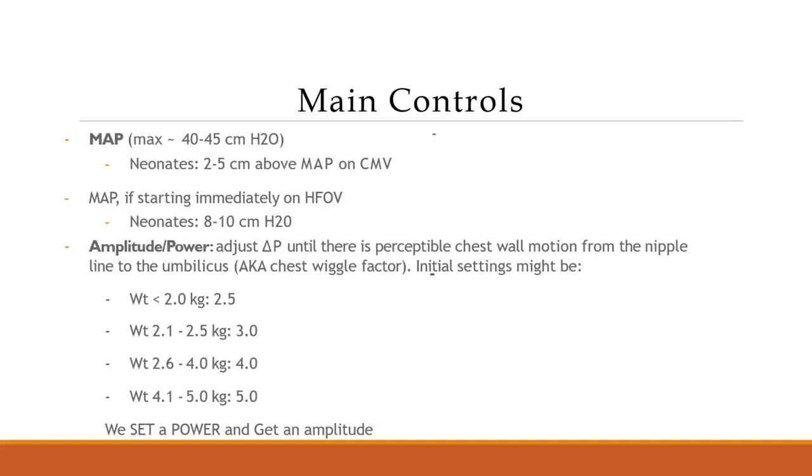What should you do? And what does it mean? Well, if on the same power the amplitude goes up, that means the patient's lungs are getting a little more compliant. So you may have to tweak that power down a little bit to get that same amplitude. If the chest wiggle is getting a little too crazy, it means they're getting better. Okay, so we're going to wean based on them getting better.